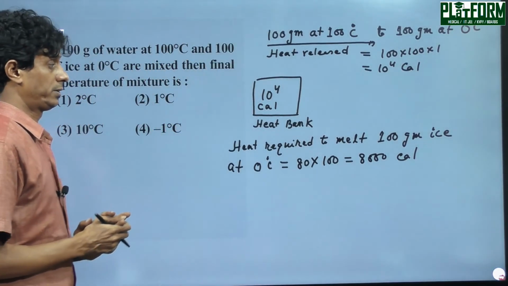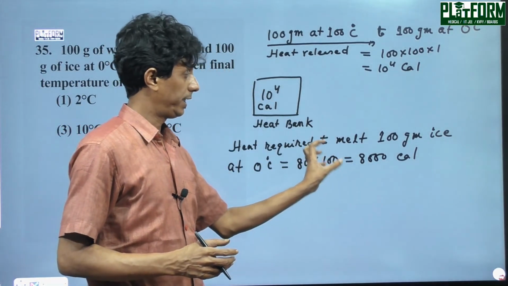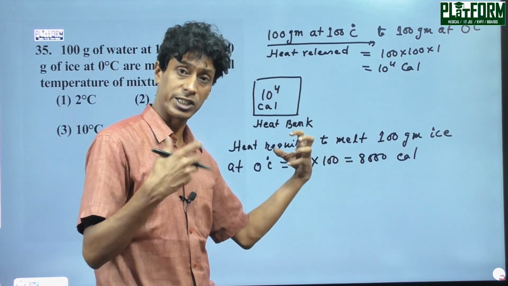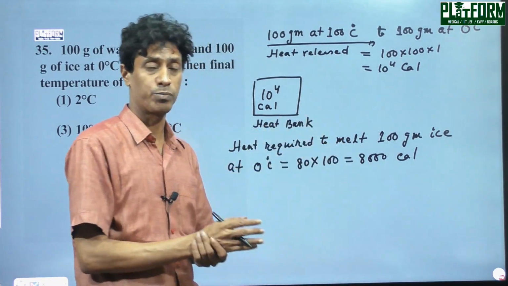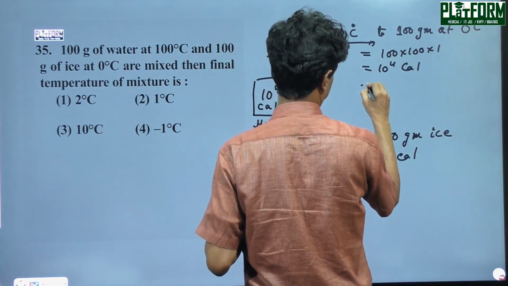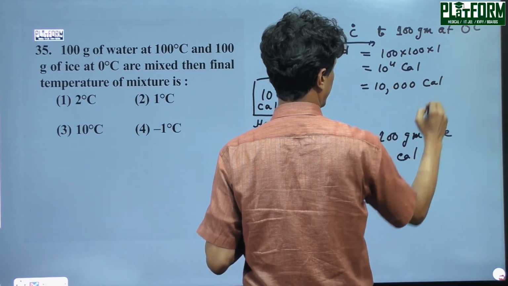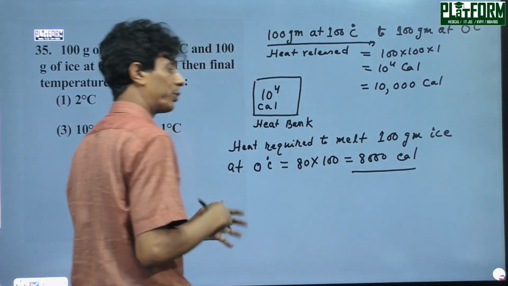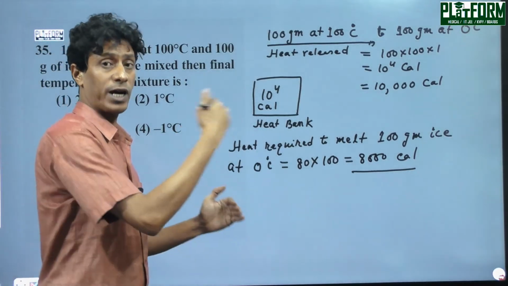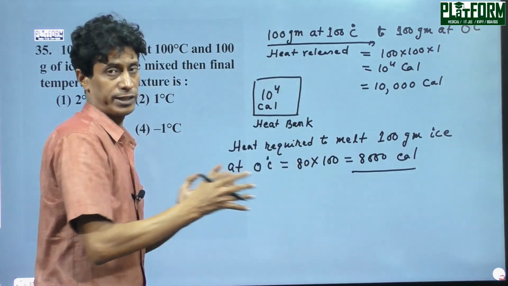Here 8,000 calorie heat is required to melt the whole ice block. So from 10,000 cal, 8,000 calorie is already utilized to change the state of the ice. So ice converts into water at 0 degree centigrade.